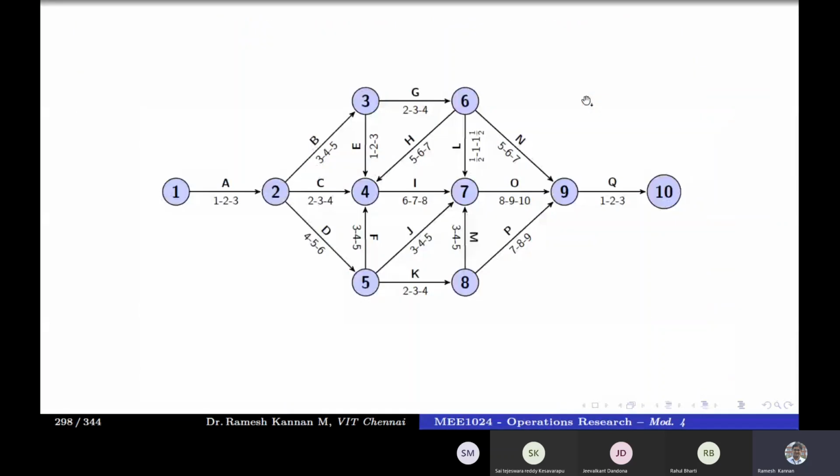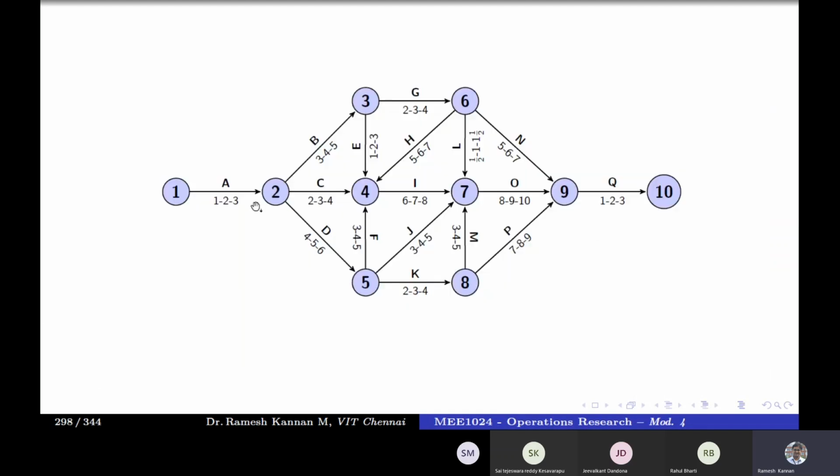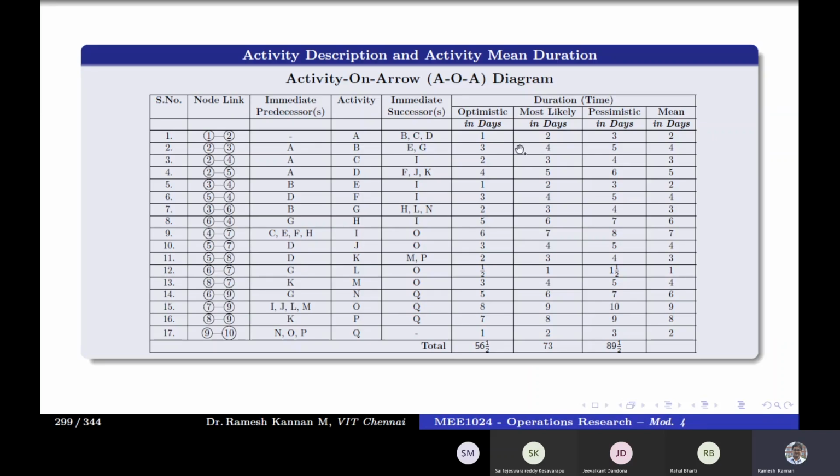I made this example to converge with the critical path method, which means I have not varied the intervals between the optimistic, most likely, and pessimistic. So the effective time will always become this. This is the PERT representation, and when you calculate the mean, it is almost the same, the 73 days. The most likely is getting repeated.